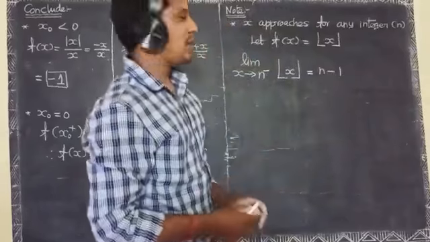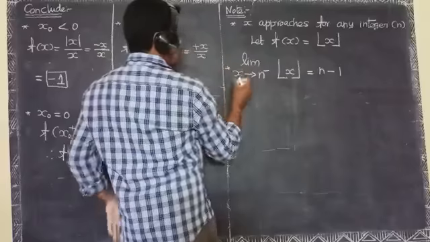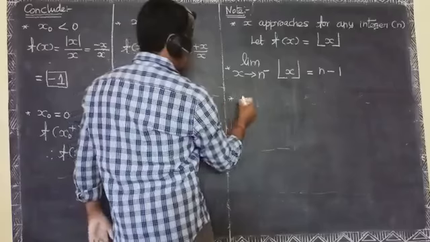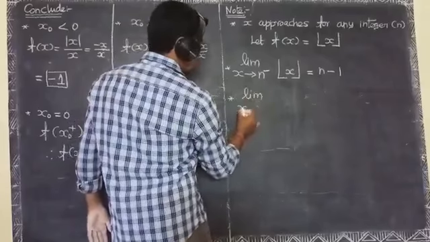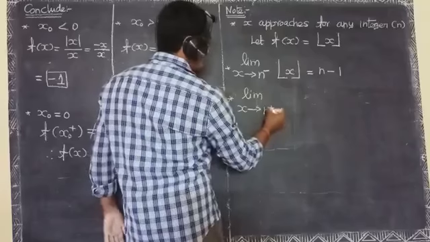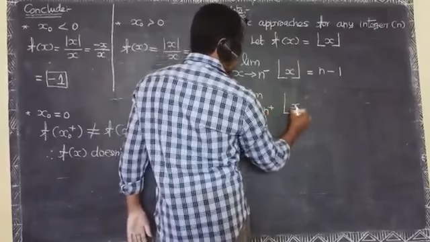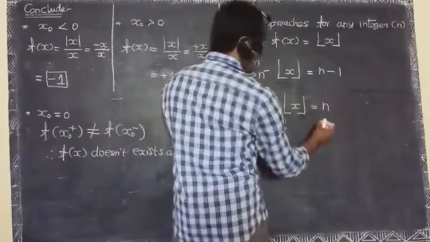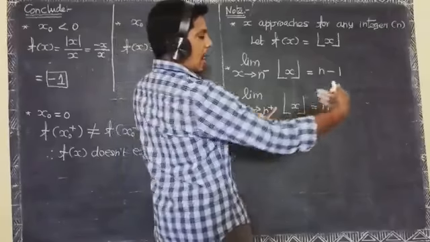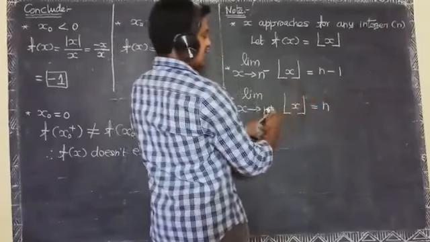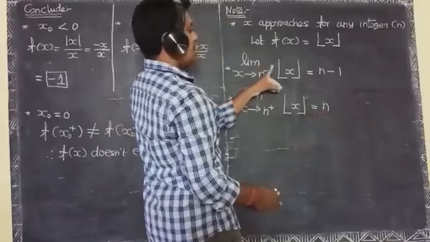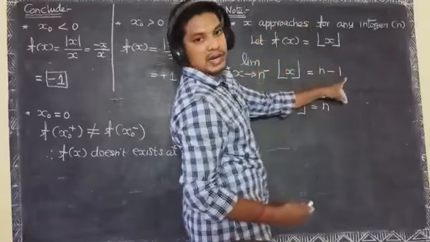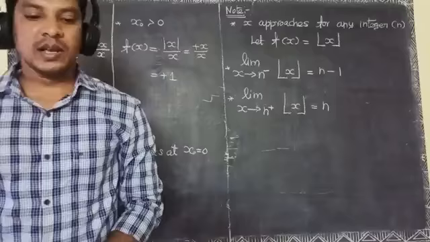Next, find the right approach value, that is the limit as x tends to n plus, then the greatest integer function is equal to n. So n plus means approaching from the right side, giving n, and n minus means from the left side, giving the previous value, that is n minus 1. Kindly note it.